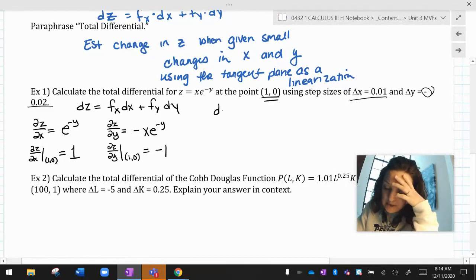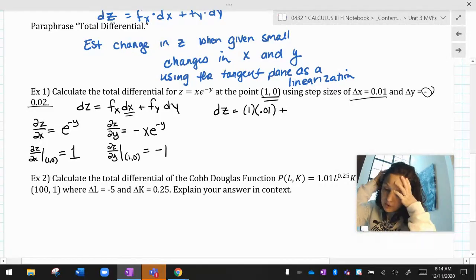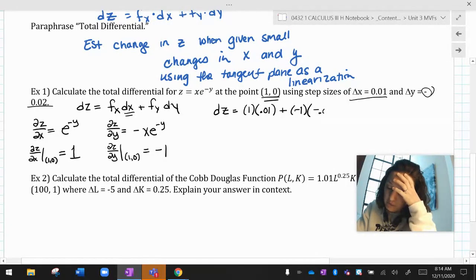And so dz is going to be the derivative with respect to x, which is 1, times the change in x, which is 0.01, plus f sub y, which is negative 1, times the change in y, which is negative 0.02. So I have 0.01 plus 0.02, which is 0.03.